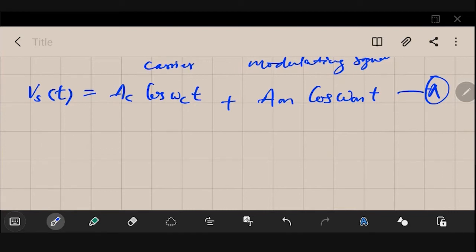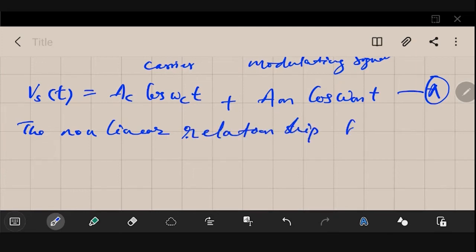Now let us look at the nonlinear relationship between the voltage and the current. If you have read analog electronics, you must know this equation.